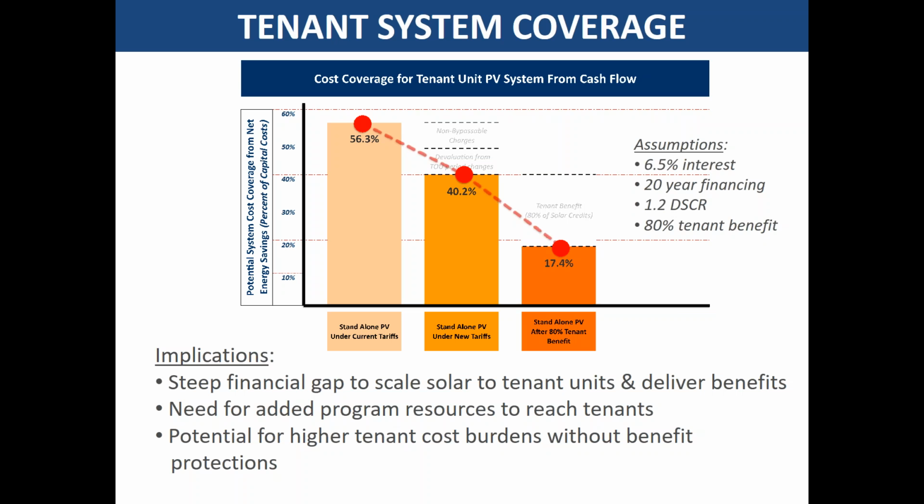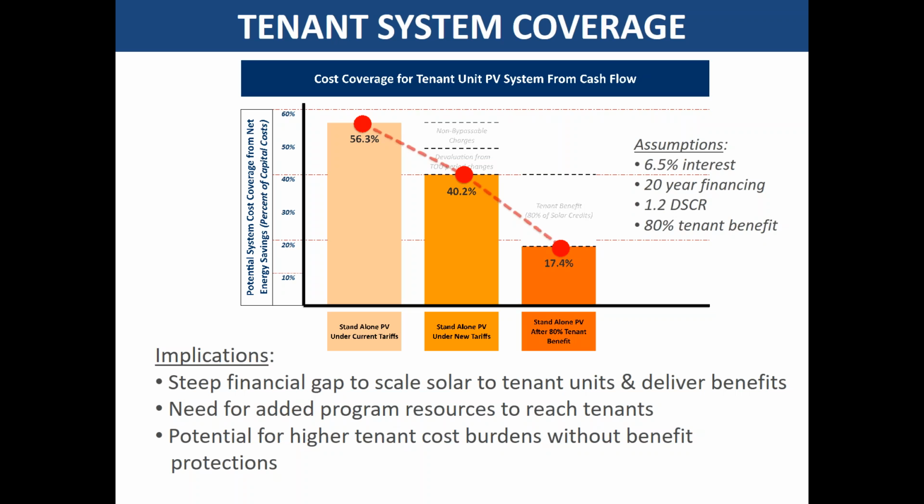And this coverage changes to 40% after taking into account the devaluation from solar and some of the added costs that Seth mentioned. This picture actually still looks pretty robust at 40%.